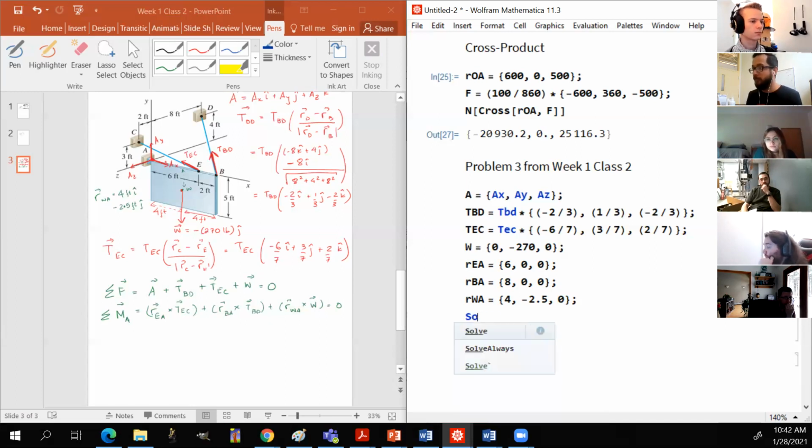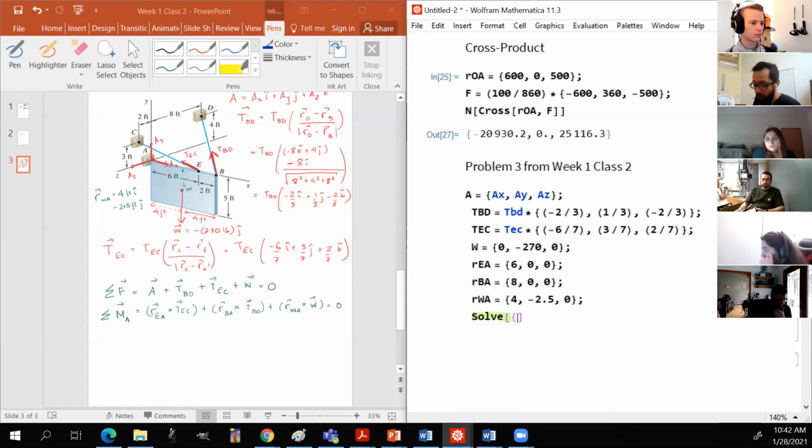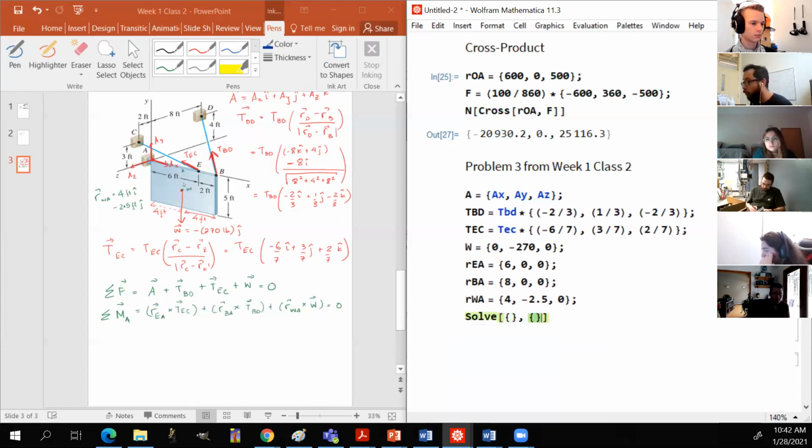So you open up your Solve expression. And the way that you solve simultaneous equations in Mathematica is, let's write out the complete thing for you guys. You have to put the function square brackets, and then you have to define 2 curly brackets inside. In the first set of curly brackets, you define the expressions that you're solving. In the second curly brackets, you define the unknowns that you want Mathematica to solve for in the expressions in your first curly bracket.